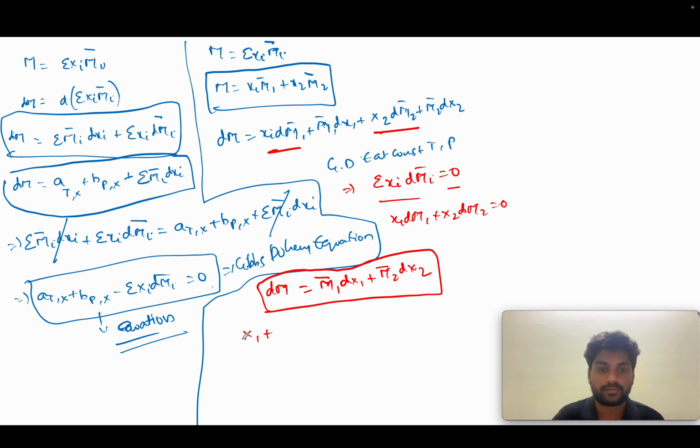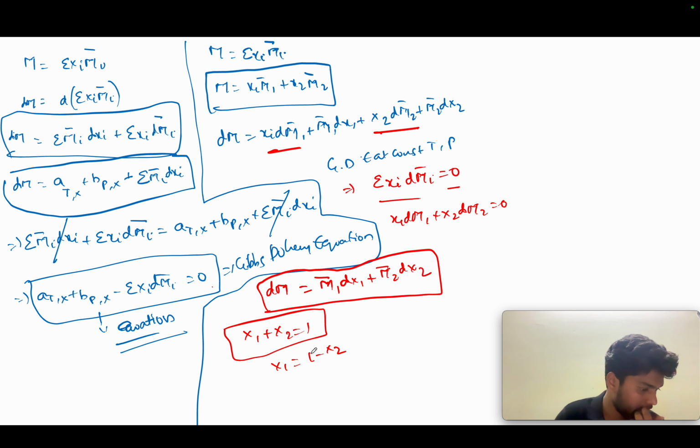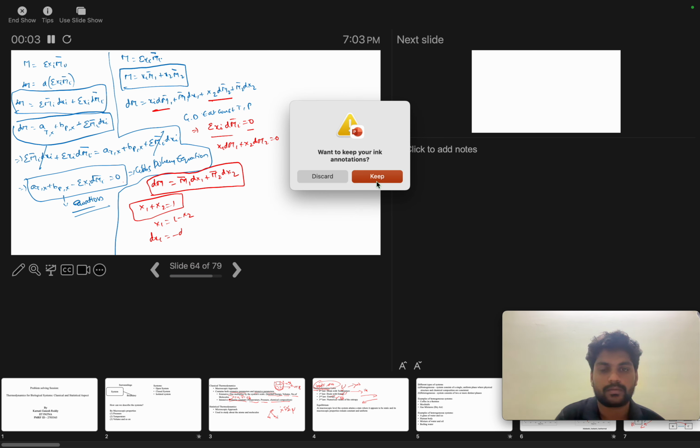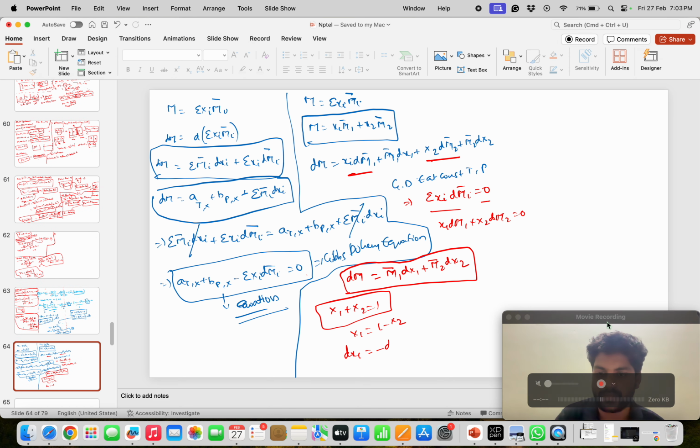So x1 plus x2 equal to 1, we know the mole fraction formulas. So now if I take x1 equal to 1 minus x2, or dx1 equal to minus dx2. Sorry, my mistake.